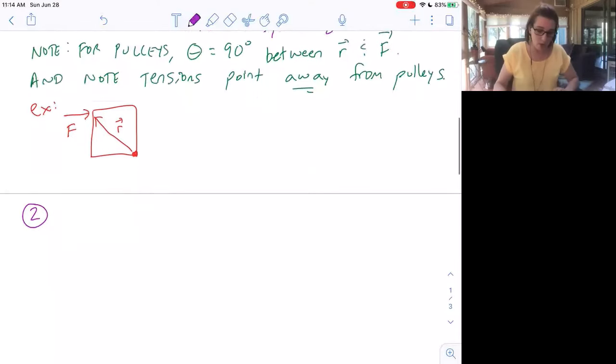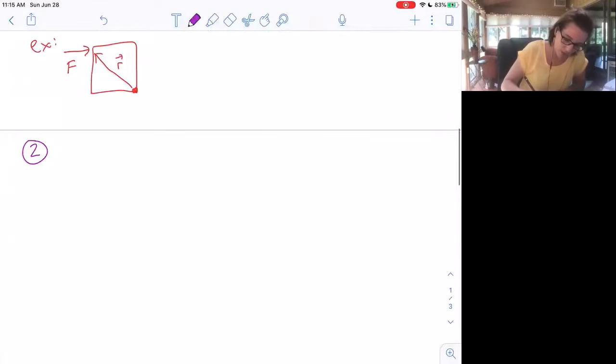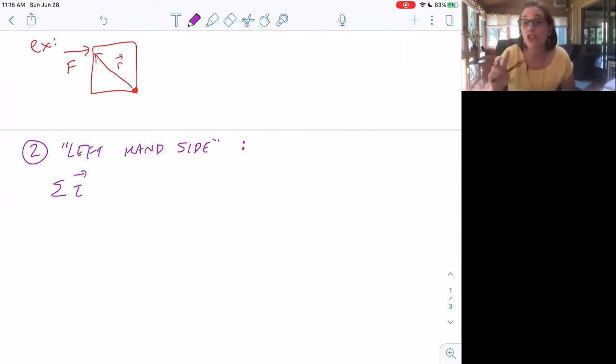Okay, so step two is then going to be our so-called left-hand side, which is going to be that we are going to have the sum of torques. And in this case, there's two main ways to go about finding the direction of a torque.